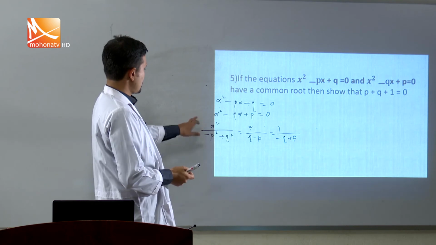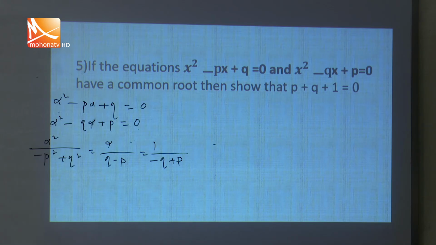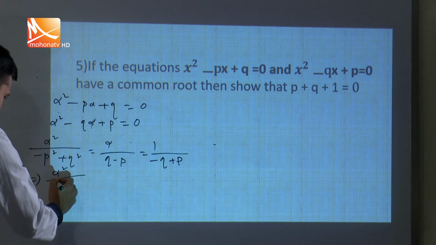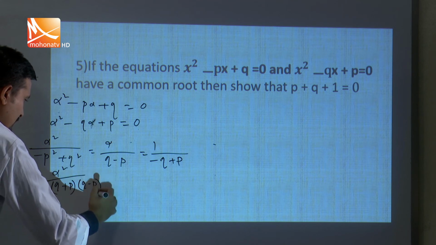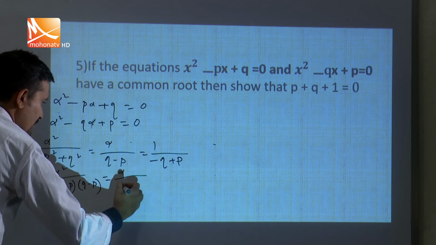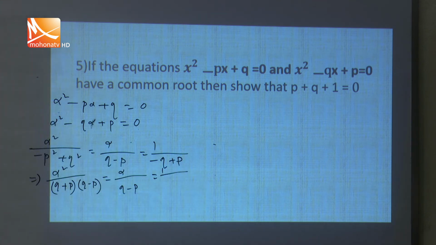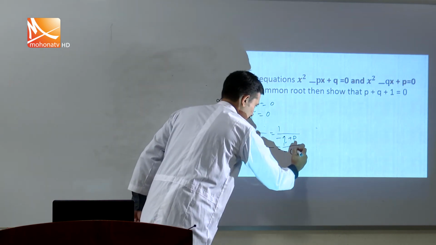By cross multiplication method, alpha square, alpha, 1. Then alpha square by (q plus p) into (q minus p), or we get alpha square divided by (q plus p) into (q minus p) equals alpha by (q minus p) equals 1 by minus (q plus p). That means common minus p minus q.